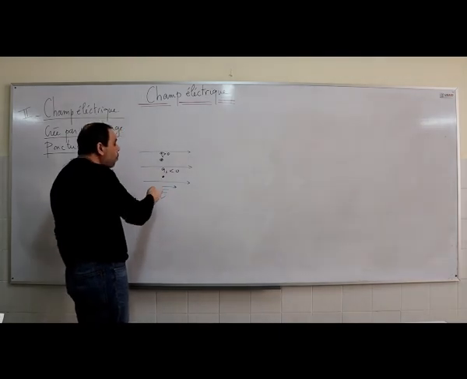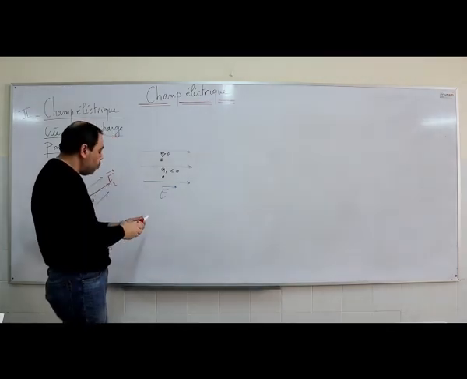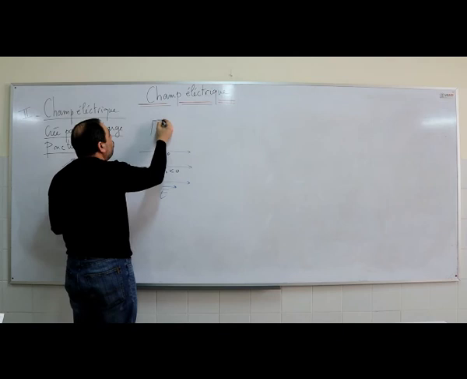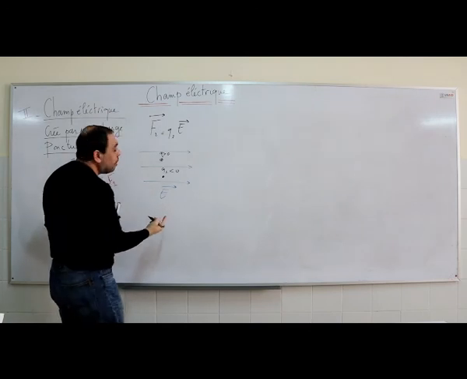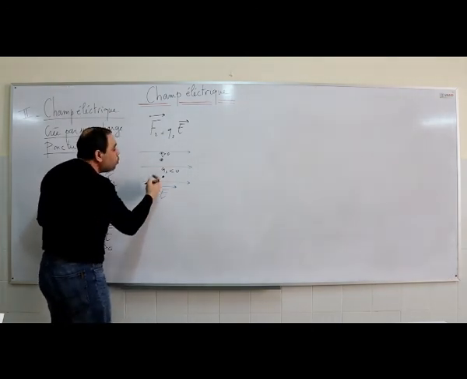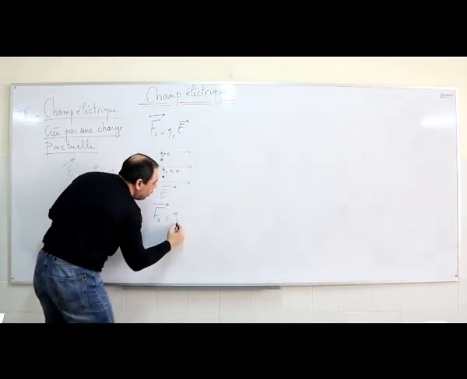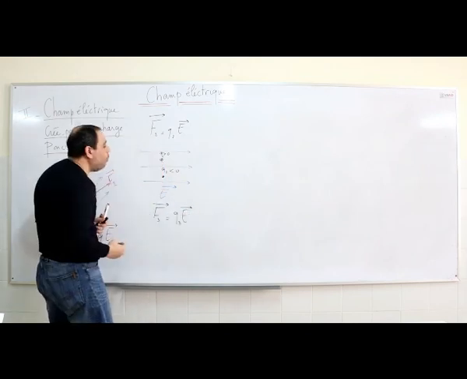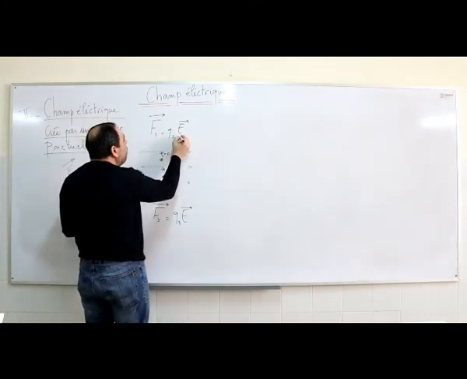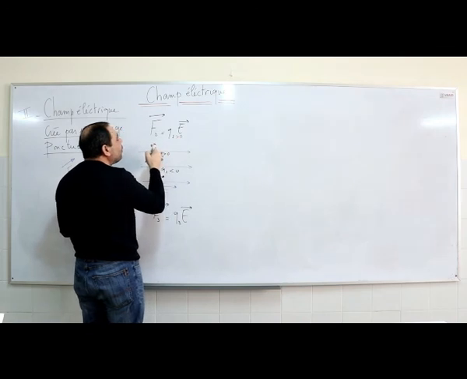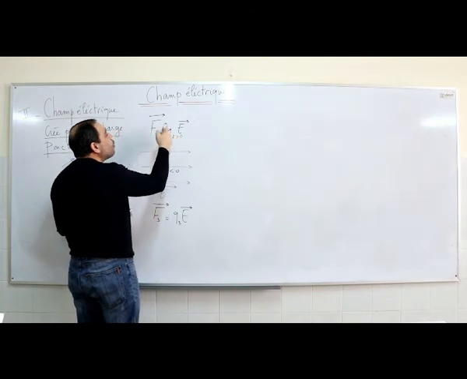Now in the other example, when placing in the electric field E a point charge Q2 which is positive, then this charge Q2 is subjected to an electric force F2 which is equal to Q2 multiplied by E. If placing another point charge Q3, then Q3 is subjected to an electric force F3 which is equal to Q3 multiplied by E. Now, if you want to draw F2, F2 and E are parallel vectors and they have the same direction because Q2 is positive.